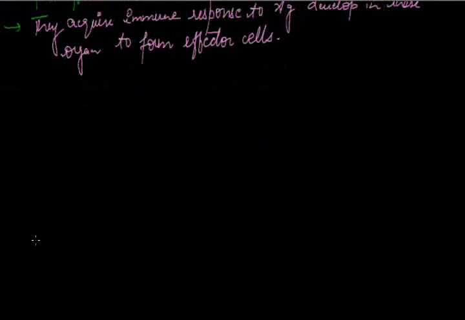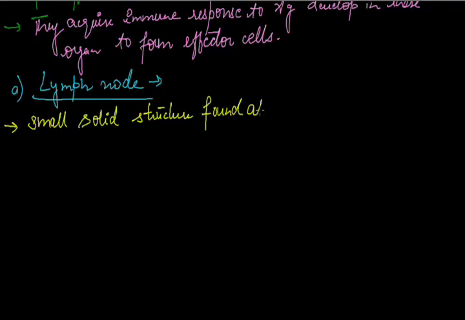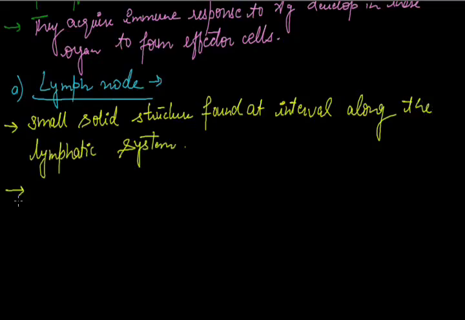First, we're going to discuss lymph node. Lymph nodes are small solid structures found at intervals along the lymphatics.